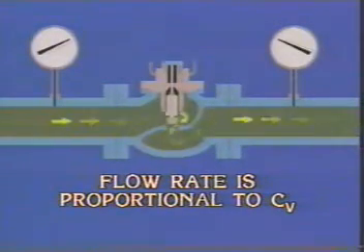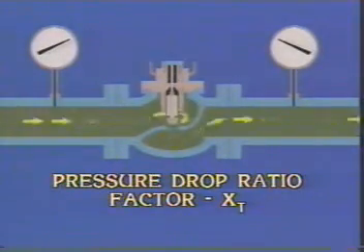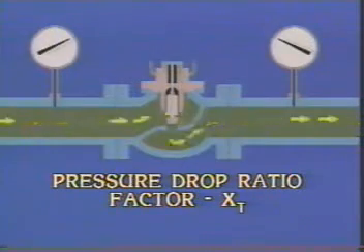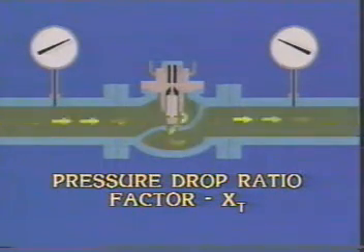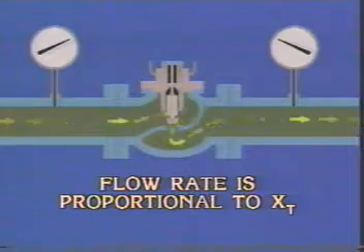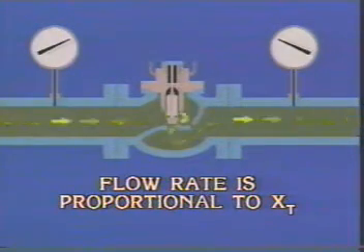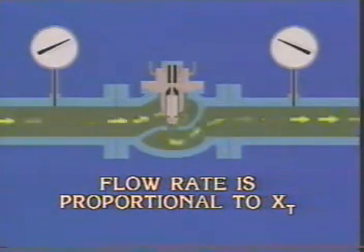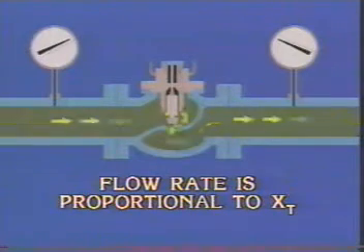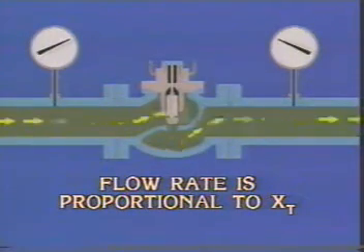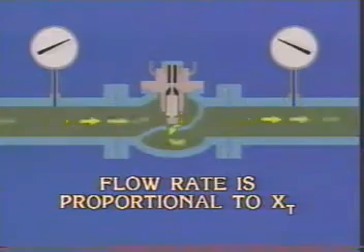A similar factor, the pressure drop ratio factor X sub T, is determined for gases and vapors. Again, flow rate is proportional to X sub T, assuming all other conditions are the same. A valve with a large X sub T will have a higher flow rate than a valve with a small X sub T.